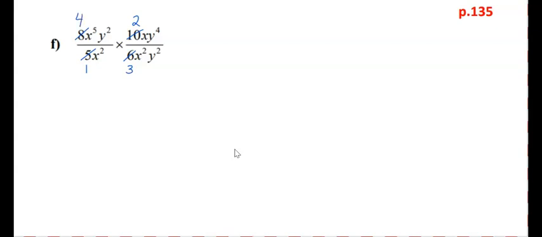So first we simplify the coefficients just like we do with regular fractions.